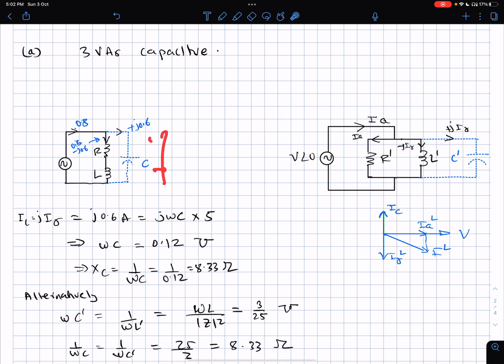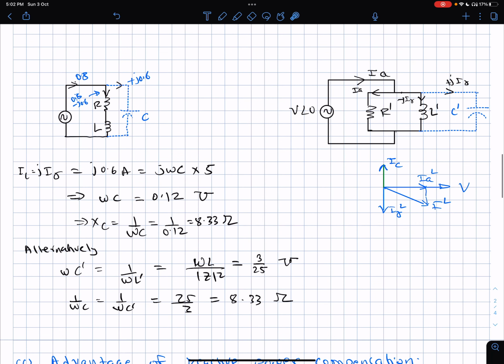This is the voltage applied to this, 5 volts. So therefore times 5 volts. So hence the omega c comes out to be 0.12 ohms, or the capacitive reactance shown by Xc, which is 1 by omega c, will come out to be 8.33 ohms.